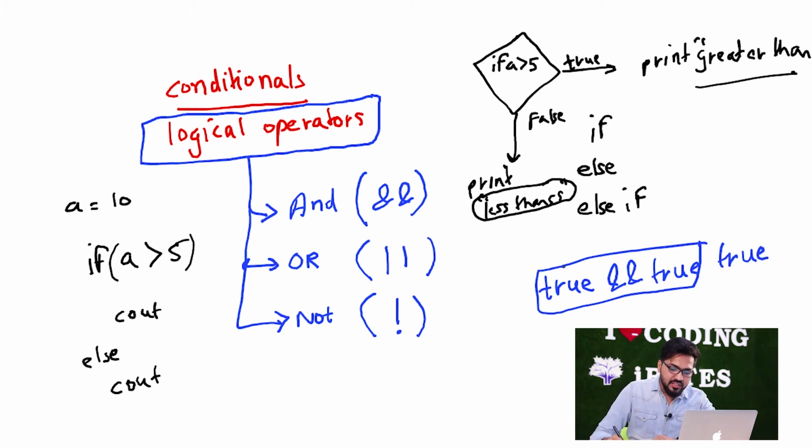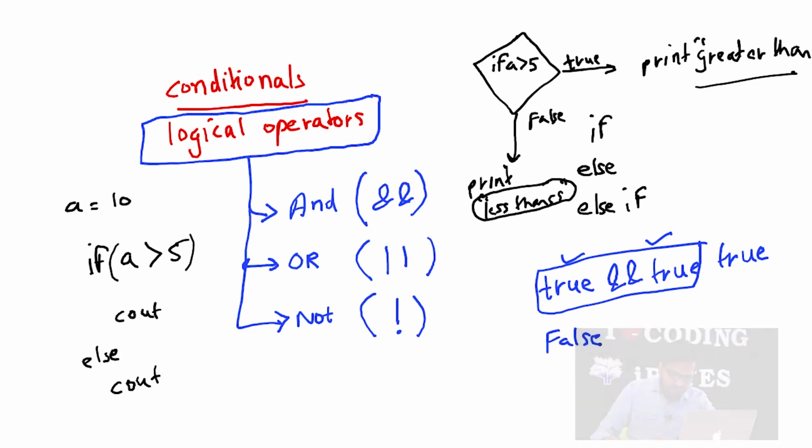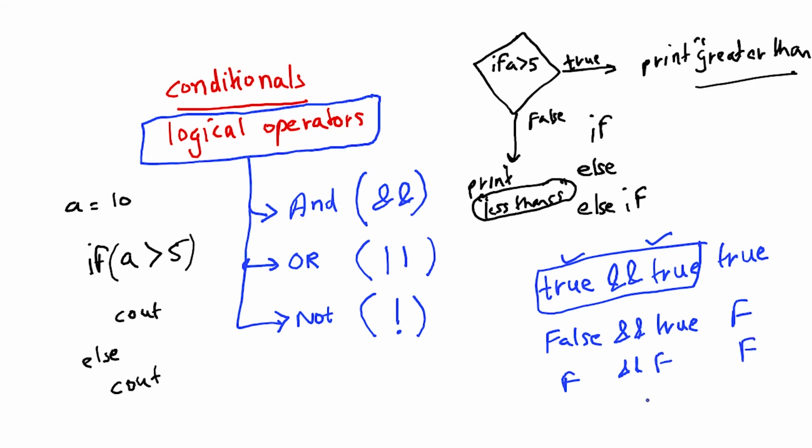For this whole thing to be true, both quantities have to be true. If I have, let's say, false and true, it is going to be false. If I have false and false, again false. If I have true and false, obviously it is false. Basically, for something to be true, both of them have to be true if we are using the and operator. So let's just use it and see, okay.